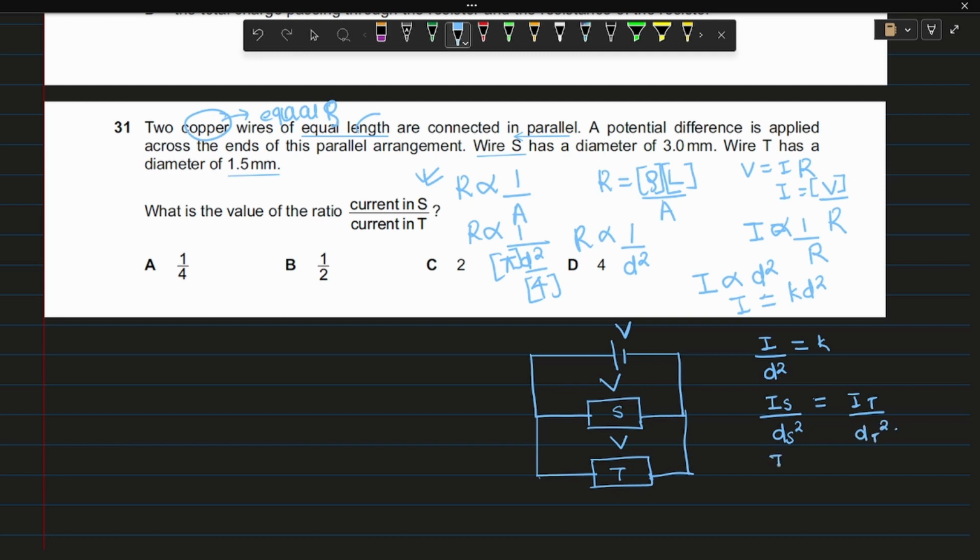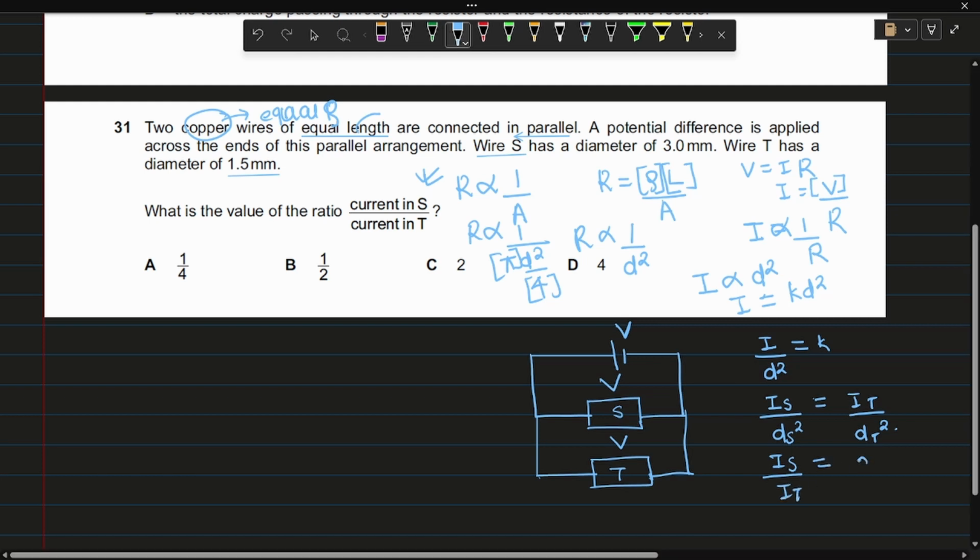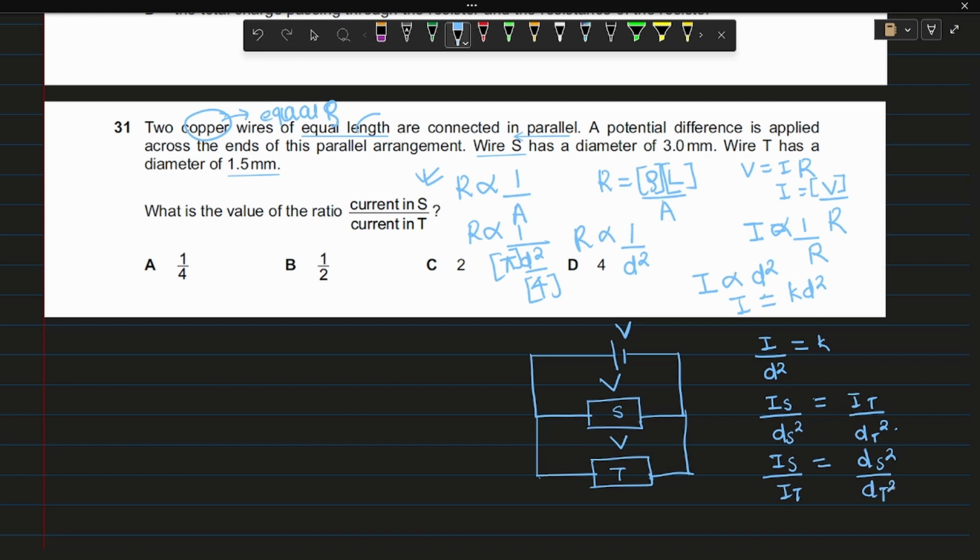What do we need? We need Is by It, and this becomes ds square by dt square, or simply ds by dt whole square.